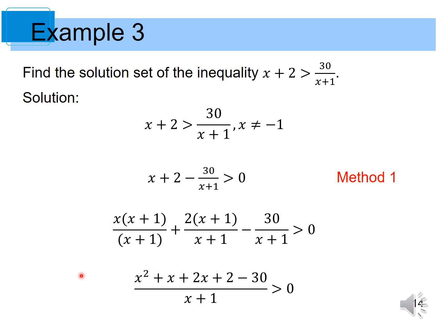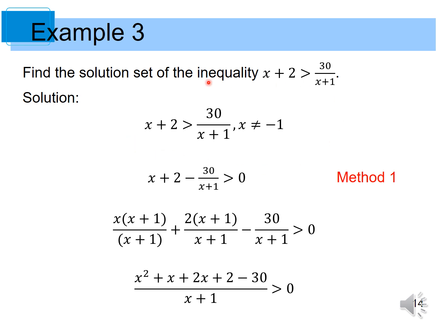This example: find the solution set of the inequality x plus 2 greater than 30 over x plus 1. Look at this term. This is a rational function. So we only have two methods to solve: either the first method or the second method. Not cross multiply. I repeat, not cross multiply.